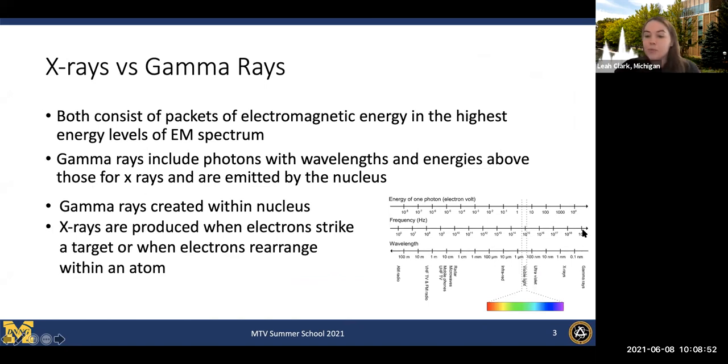We can see from the spectrum that gamma rays typically include photons of higher energies and shorter wavelengths than X-rays, but the big thing to distinguish between the two is how they are created. Gamma rays are created within the nucleus, whereas X-rays are produced in the electron cloud. This can happen when electrons strike a target or when the electrons rearrange or de-excite within the atom. We are going to be talking about gamma rays mainly for this, not to be confused with X-rays.